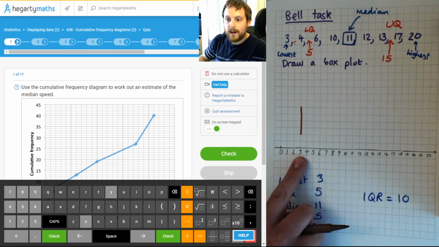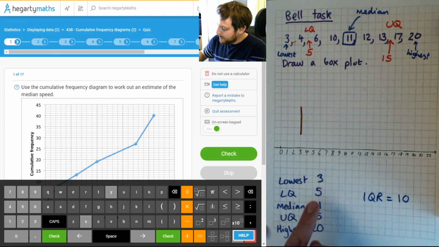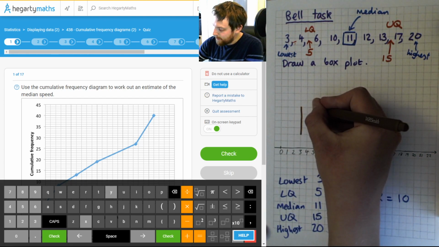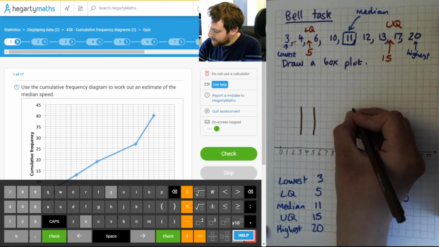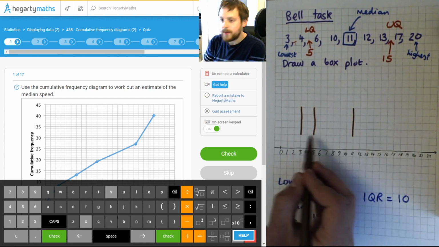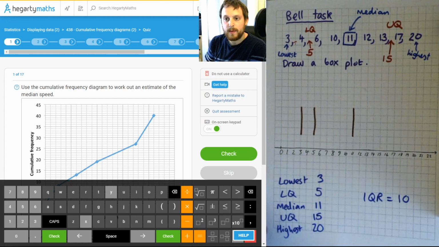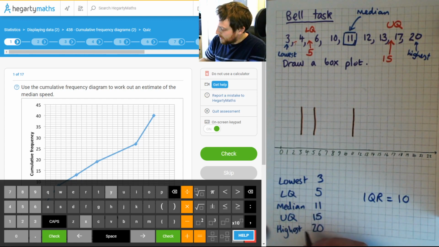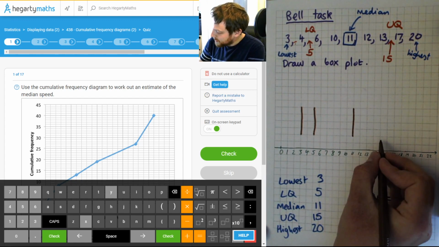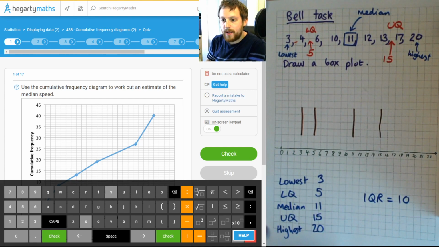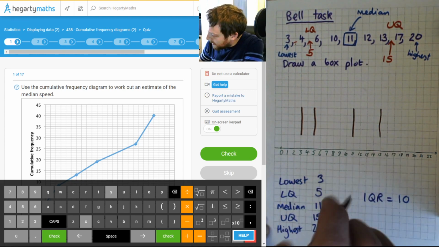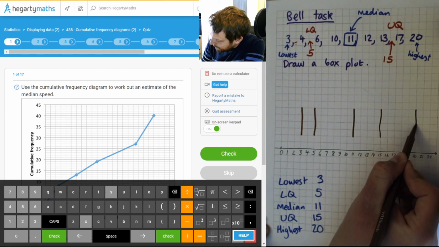So there's going to be a vertical line at 3, then a vertical line at 5, then a vertical line at 11, and what I do is I keep them lined up, I keep them the same size. There's going to be a line at 15, which is going to be our upper quartile, and then a line at 20 for our highest value.